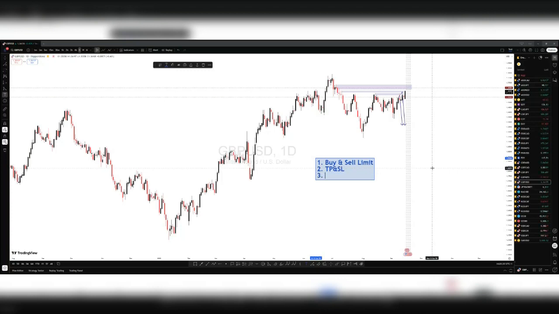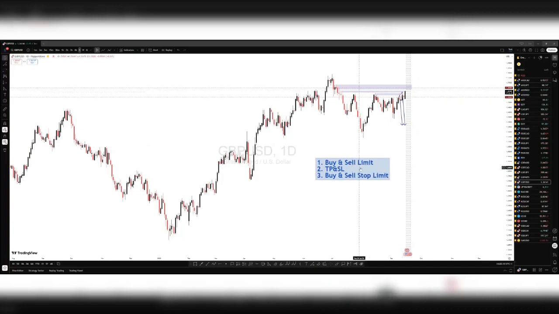Not a lot of us understand how the buy and sell stop limit orders work. So we have buy stop, we have sell stop. The buy stop and sell stop limit orders are also pending orders that are positioned in the market.